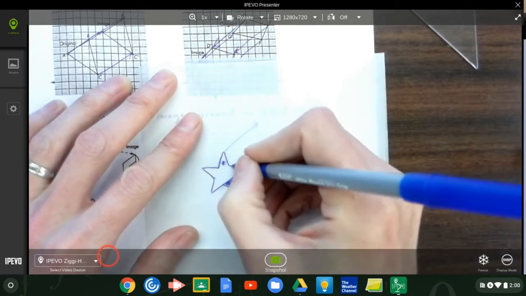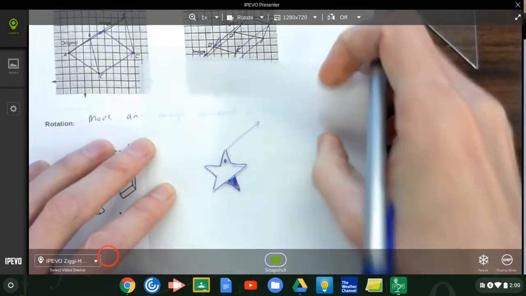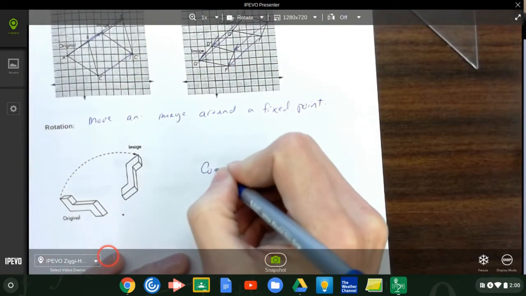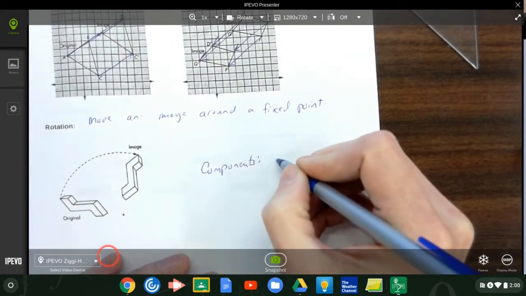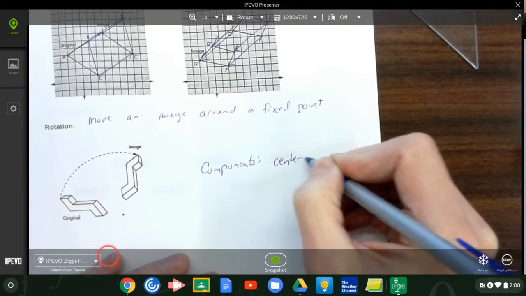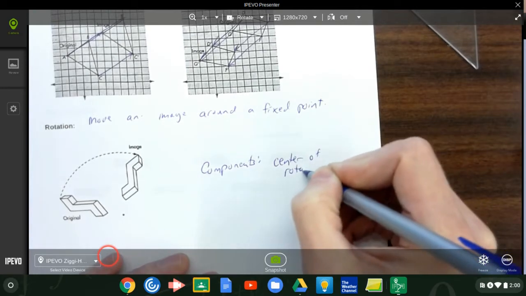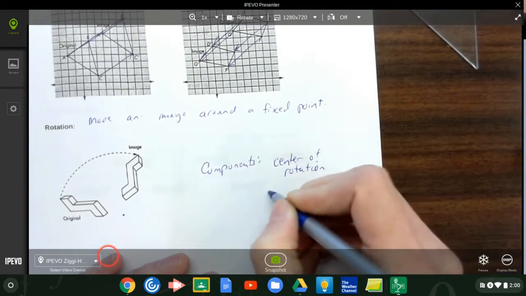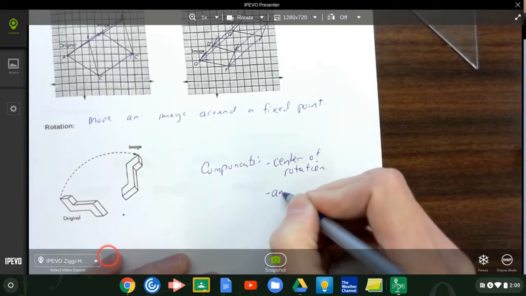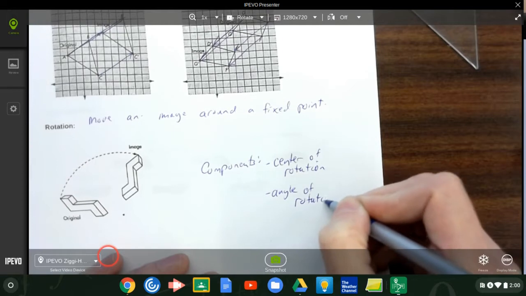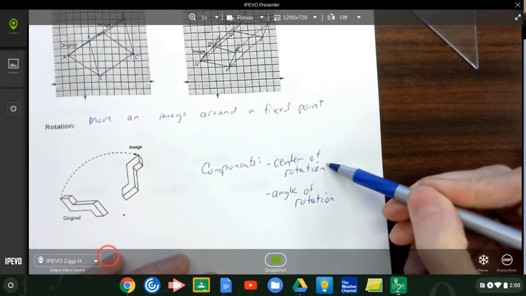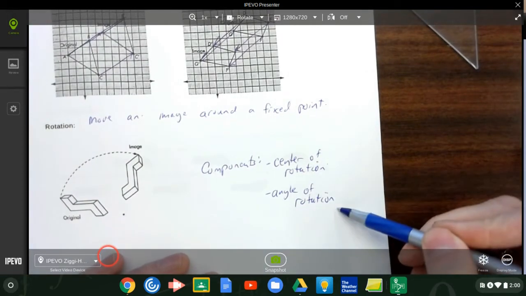So we talked about the components of a translation. The components of a rotation require you to have a center of rotation and an angle of rotation. So you need to know where you're centering your rotation and how far you're turning.